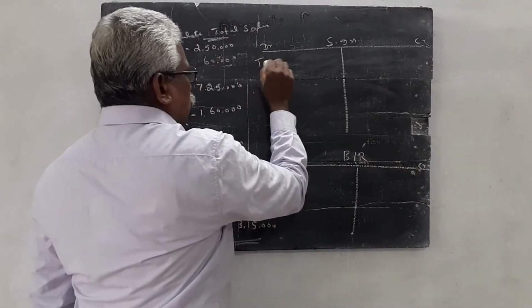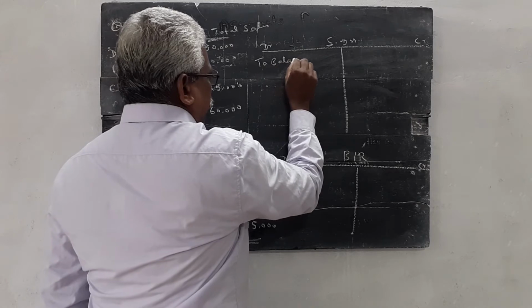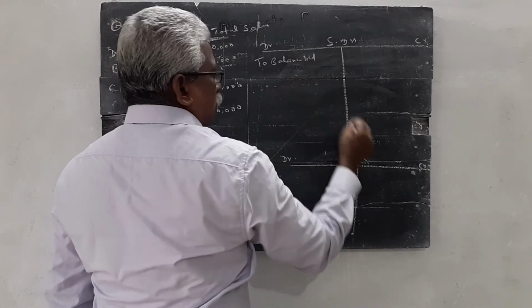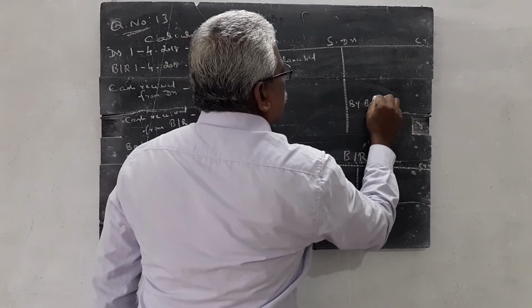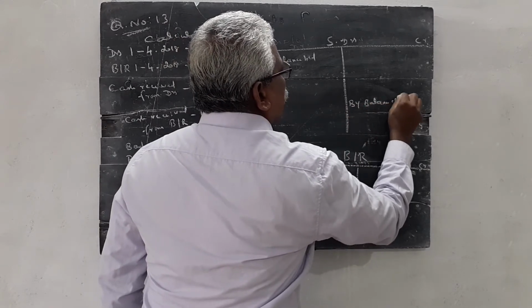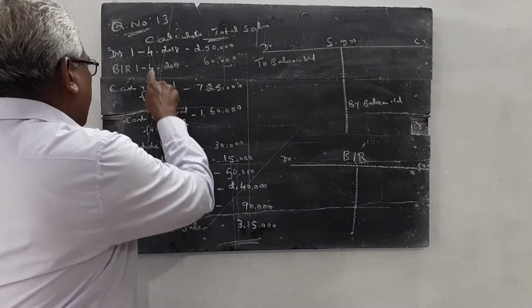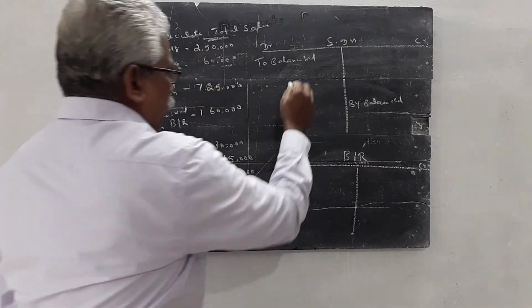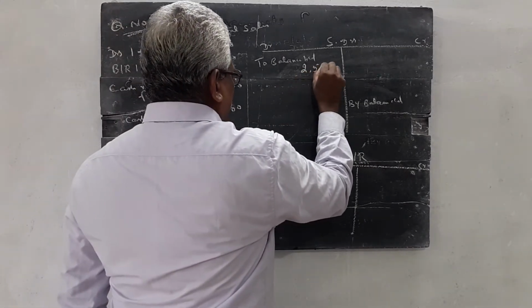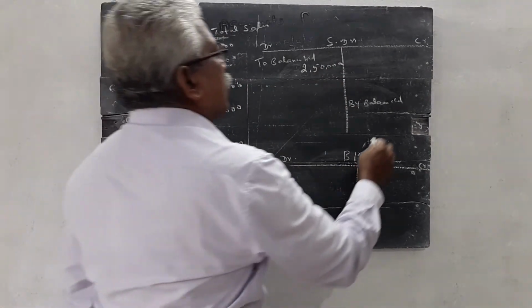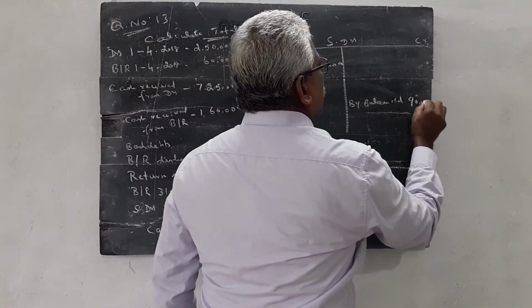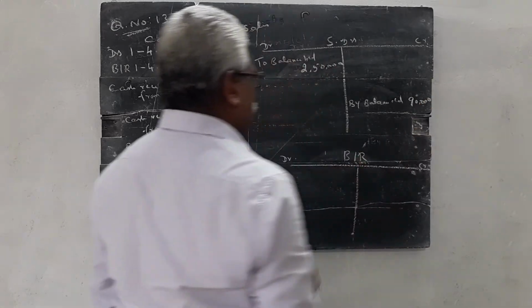First we write to balance brought down. Immediately we write by balance carried down. Opening sundry debtors 2,50,000. Closing sundry debtors 90,000. Likewise, bills receivable account.